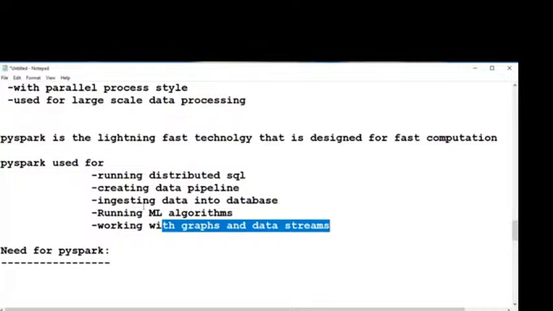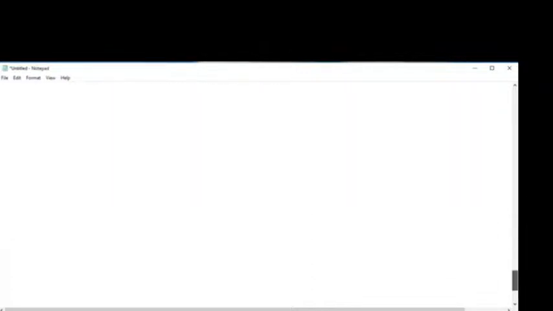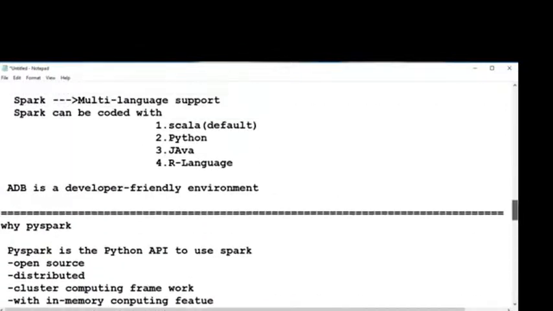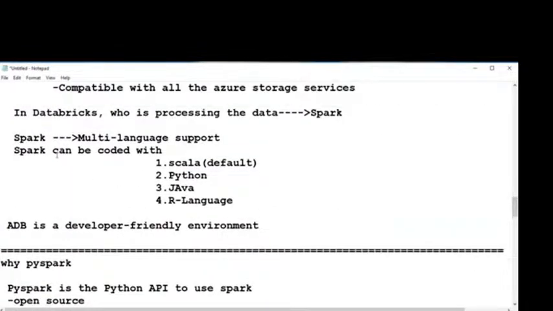Before starting PySpark, we need Python knowledge. Everything will be coding. Once again, Spark is not a language, it's an execution model.